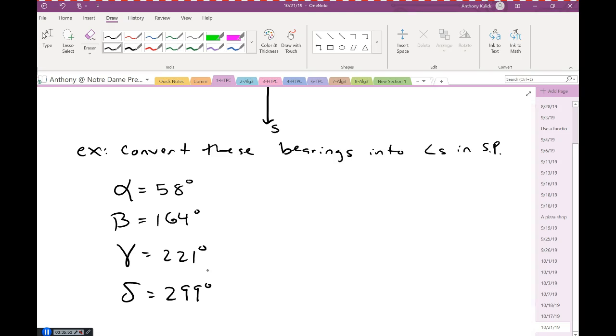And I realize that this may seem a little trivial, but if you can't do this part, it's going to be real difficult to get correct answers. So again, what we're asking you to do here is take these 4 bearings and convert them into angle measures measured in standard position, the normal way we've been measuring angles.